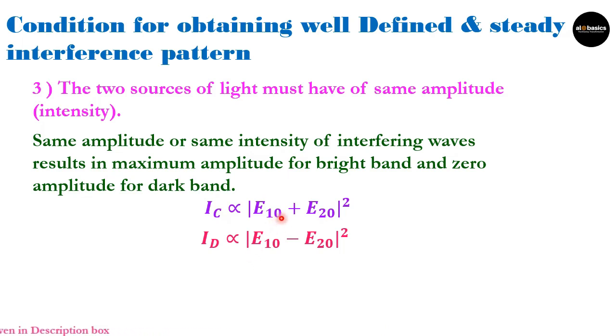So if these amplitudes are same, we'll get bright band as maximum bright and dark band will have zero amplitude. So it is perfectly dark.